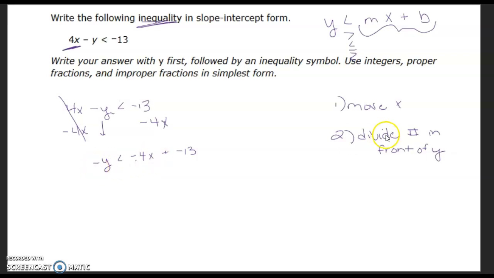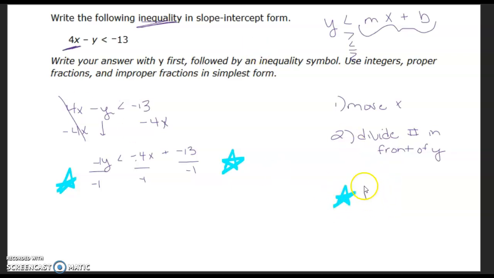You can't combine them, can't do anything. Now I have to divide the number in front of y. Well, the number in front of y is actually a cute little -1. So I have to divide every single thing by -1. Now, little trick here, and this is super duper important. I'm just going to put pretty stars here. And this is what those stars mean.